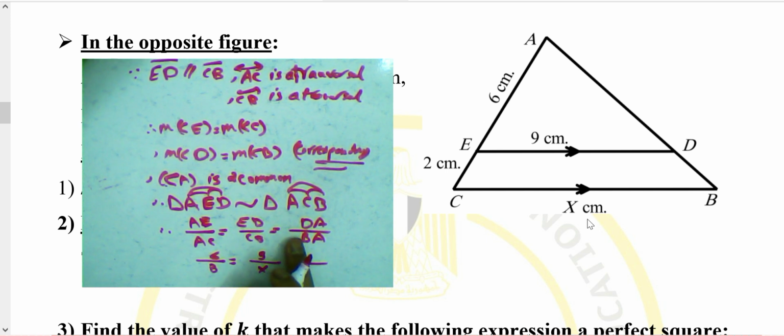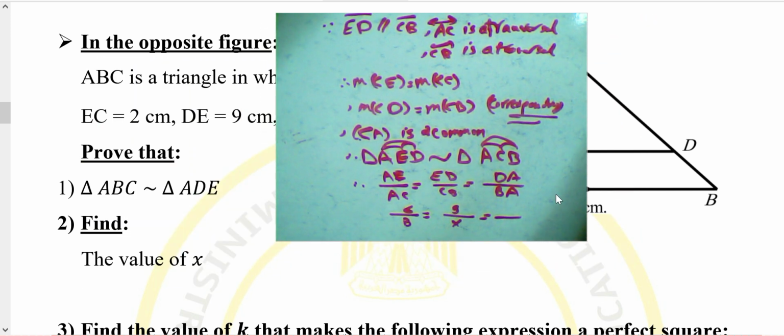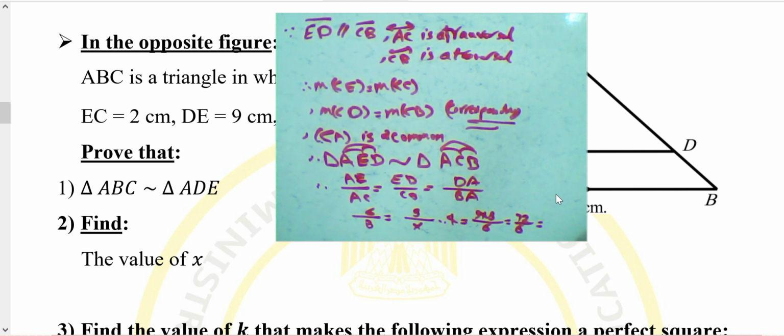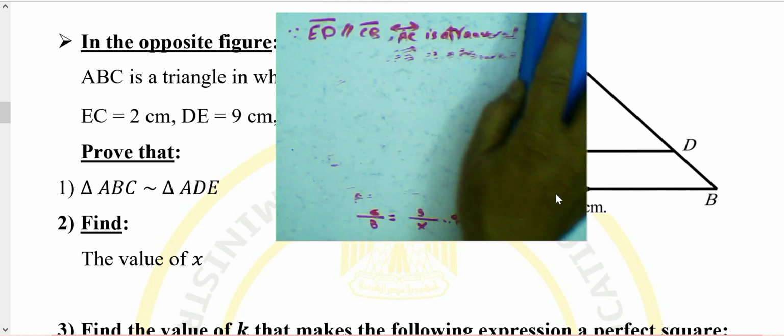Then we can find the value of x here. Then x will be equal to what? 9 times 8 over 6 equals 72 over 6 equals 12 centimeters. So x will be 12 centimeters. Okay, understood?